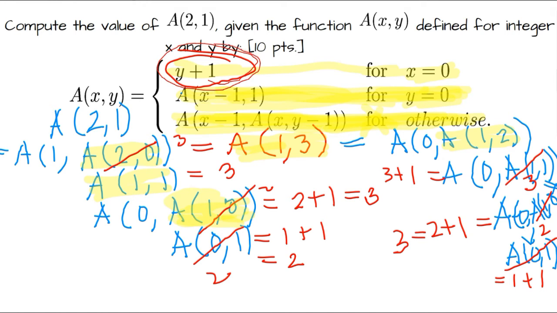Again, we are already applying the base scenario when you have y plus 1. So 3 plus 1, therefore A(1,2) is actually 4. So finally you have A(0,4), and what is that? That is equivalent to 4 plus 1. Thus the answer for A(1,3) is basically equal to 5.